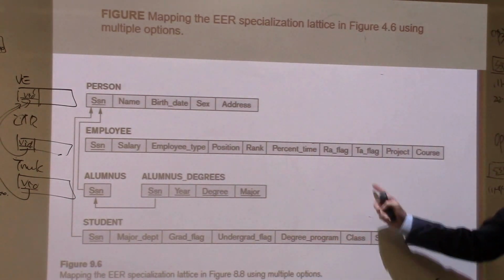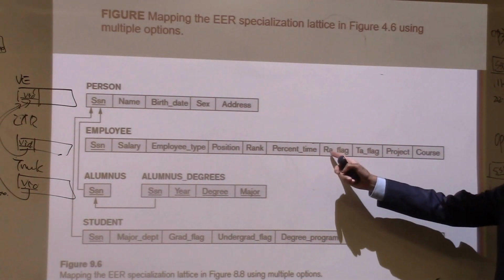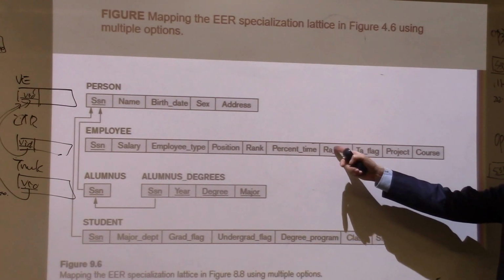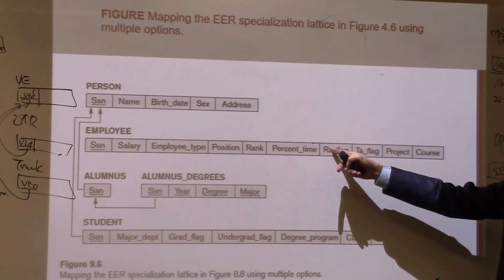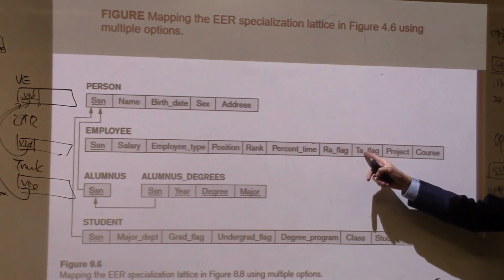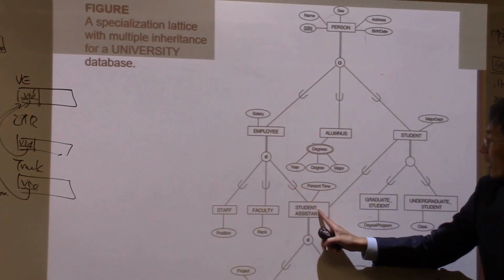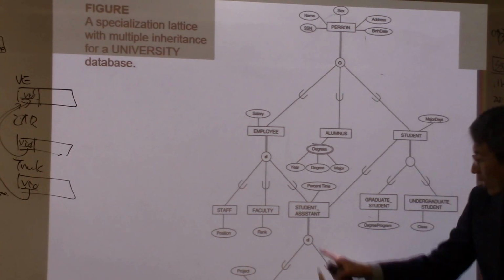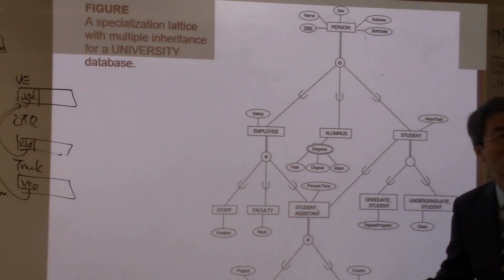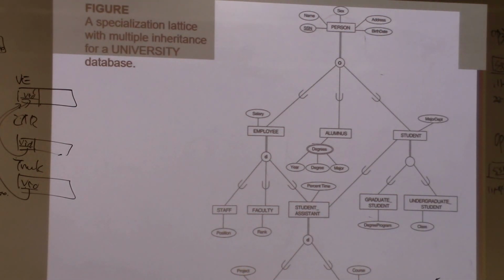What about this one? You can see RA, research assistant 1, RA flag. Teaching assistant 1, TA flag. That is RA or TA. Please select the last option. Get it?